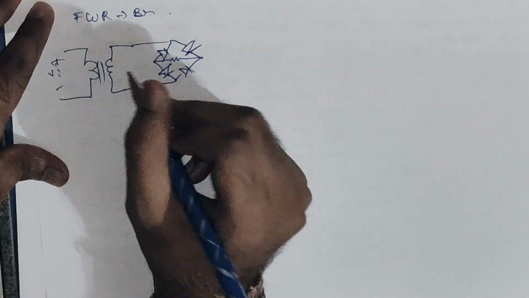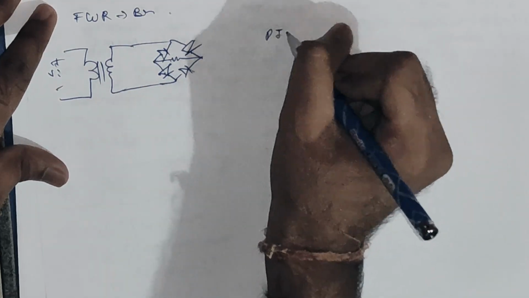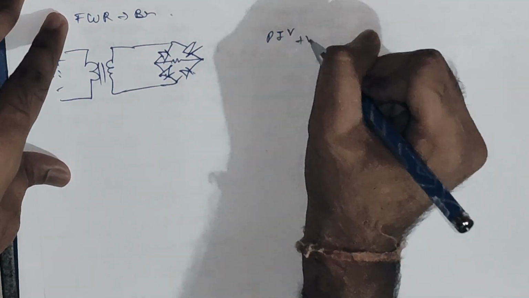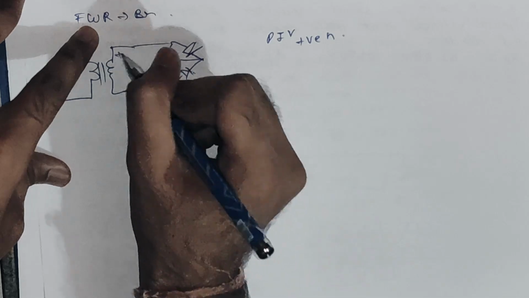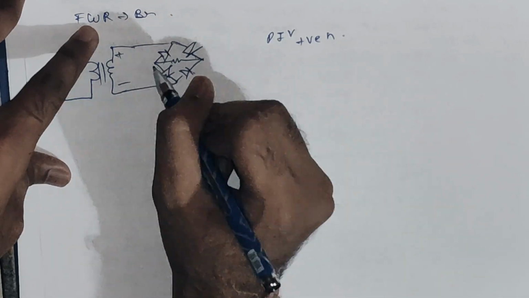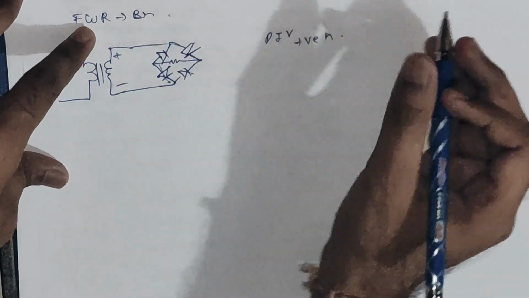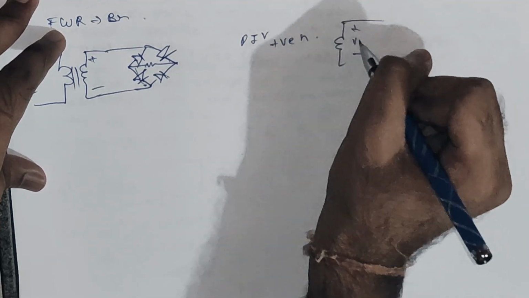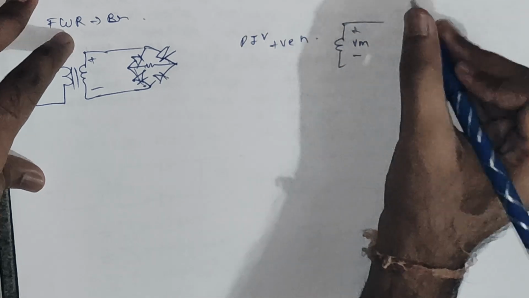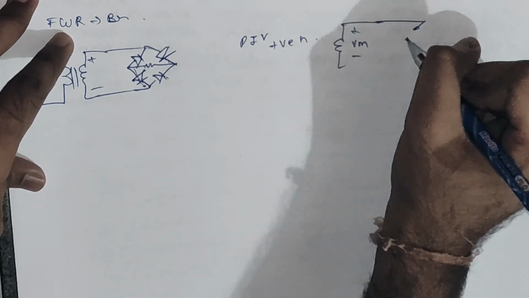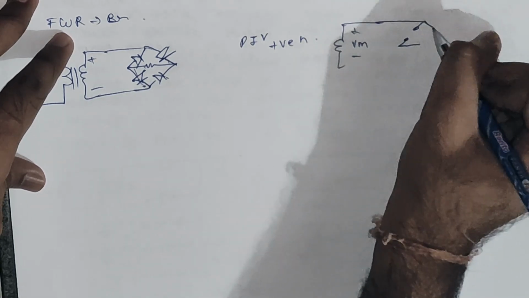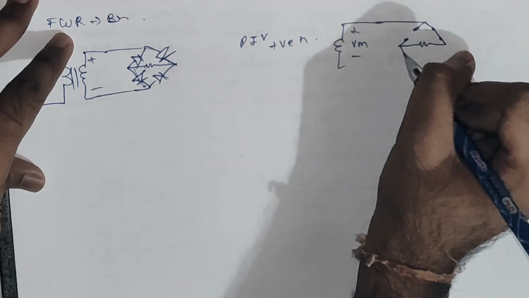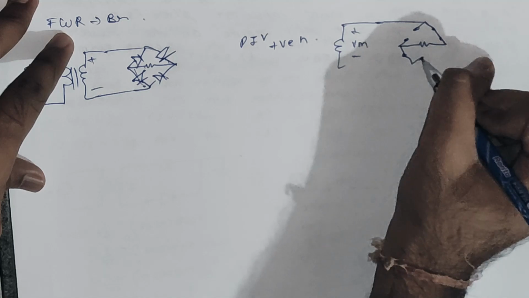Now let's find out the PIV. For PIV we know that at least one diode should be reverse biased. If we consider the positive half cycle, you can see for the positive half cycle this diode and this diode are going to turn off. So we will get the circuit like this. Here we have plus minus Vm, we are always considering the maximum value. This will be open, here it will be short circuited, here is your resistor, here it will be short circuited, and here it will be open.